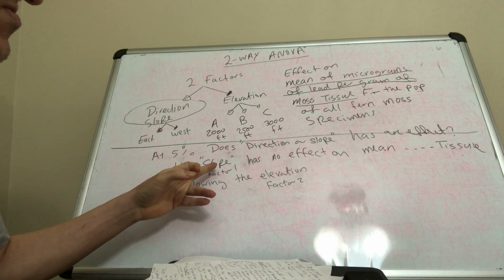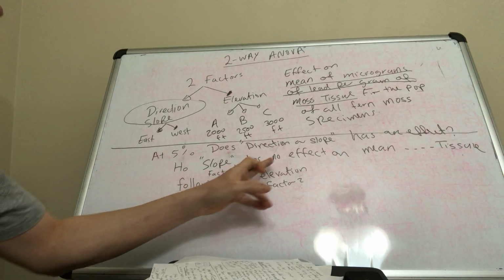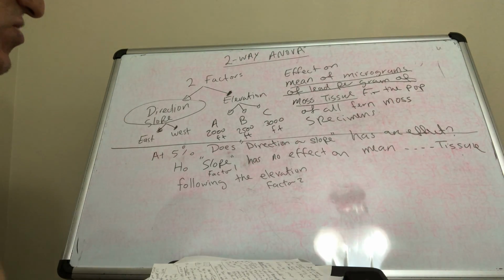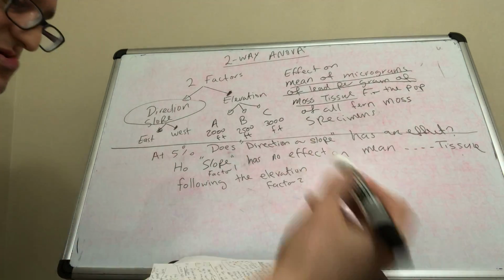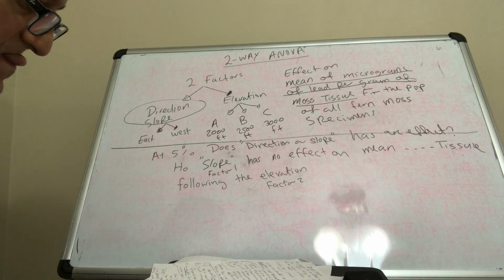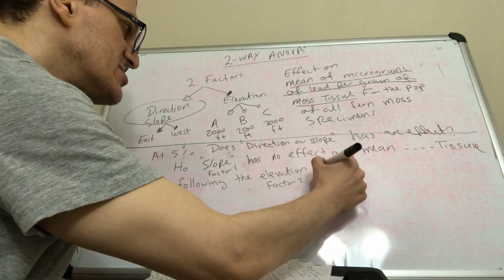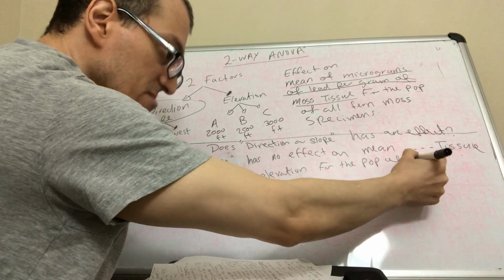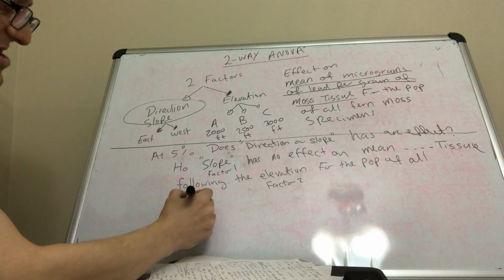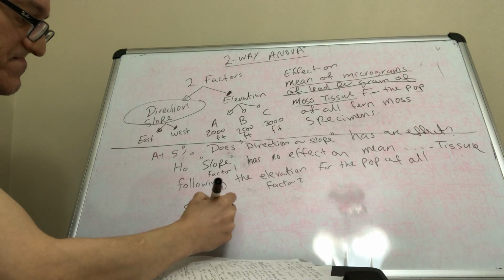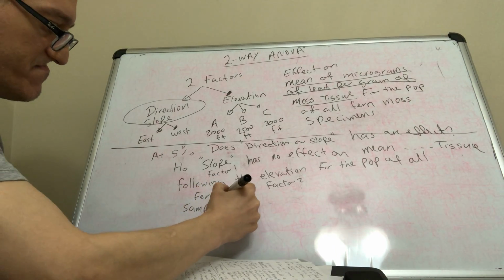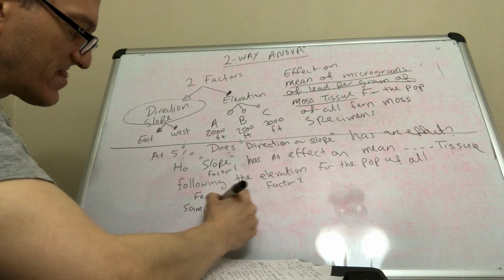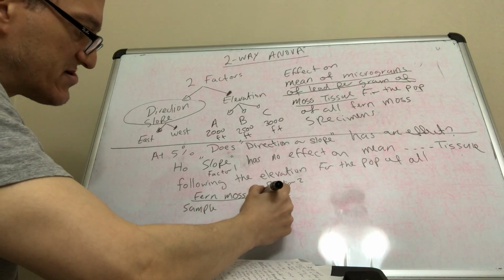You start with the name of the factor, has no effect in H0 on the mean of whatever the question is about, following the elevation, which is factor 2, for the population of all the sample fern moss specimens.